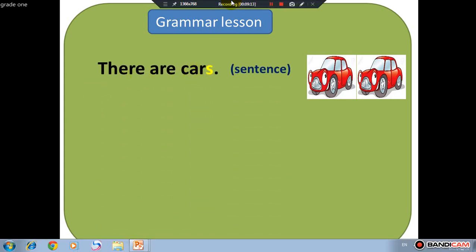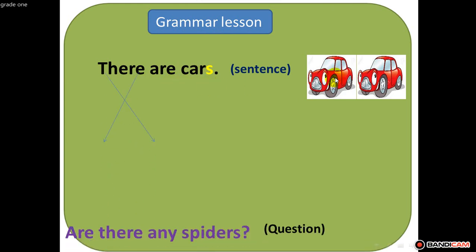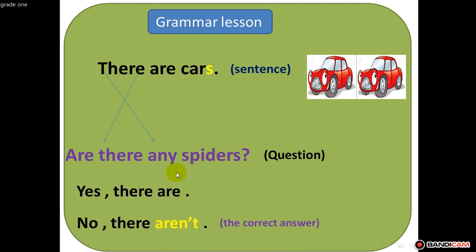There are cars. If I ask you, are there any spiders? Our answer is, no, there aren't.